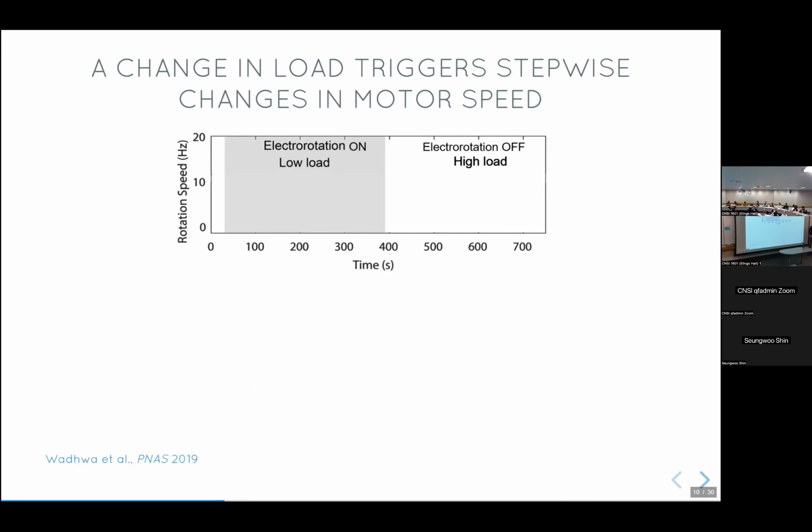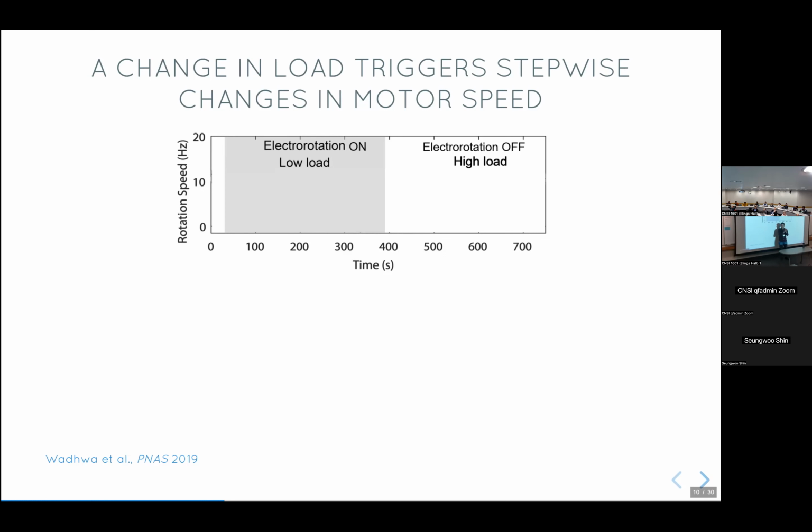So this is an example of one experiment. Again, time is on the x-axis and speed is on the y-axis. Every experiment consists of 3 phases. You have an initial phase, where we're just observing the initial state of the motor. We turn the field on, reducing the load, and then we turn the field off, increasing the load. This is 6 minutes and then 6 minutes. During the on period, because we cannot observe the state of the motor, we turn it off occasionally.